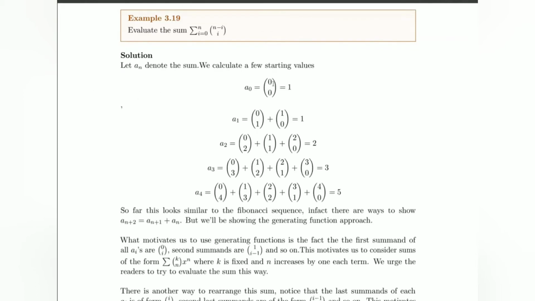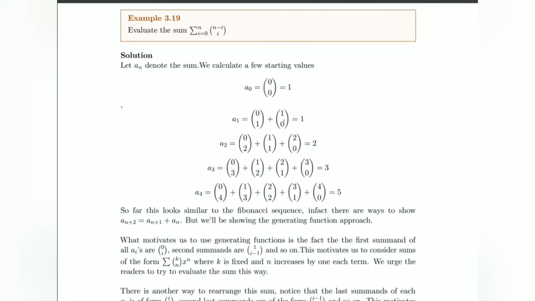Imagine it like this. There is an x multiplied here and an x multiplied here. There is an x squared here, x multiplied here, x squared multiplied here, and x squared multiplied here. Now, instead of first summing horizontally and then adding them up, we try to do it diagonally. So there are two ways. One way is you add these things: 0 choose 0 plus 0 choose 1 x plus 0 choose 2 x squared plus 0 choose 3 x cubed and so on.